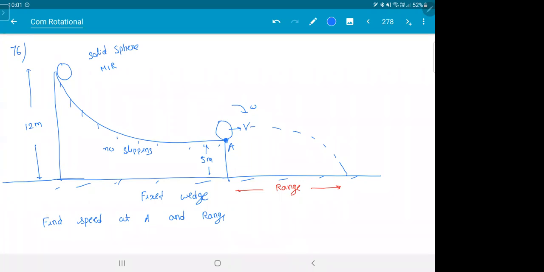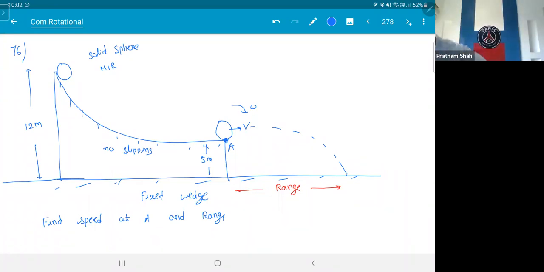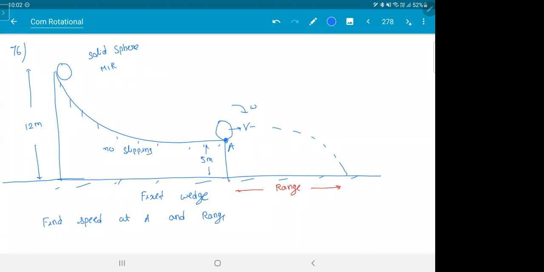First, I have to find the speed. Sir, is it 10 meters per second? Yeah. Range.